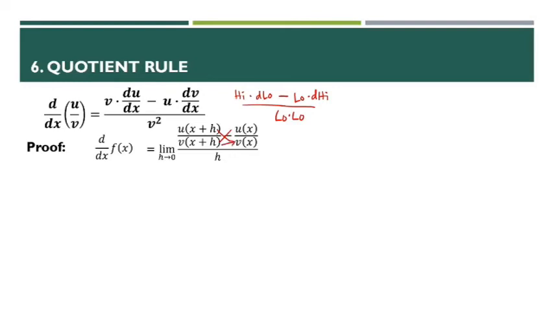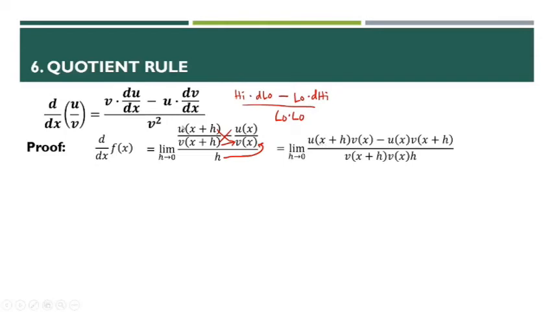So ang gagawin natin is itong h ay i-multiply na natin sa denominators. So we have u of x plus h times v of x minus u of x times v of x plus h, over v of x plus h times v of x times yung denominator na h.